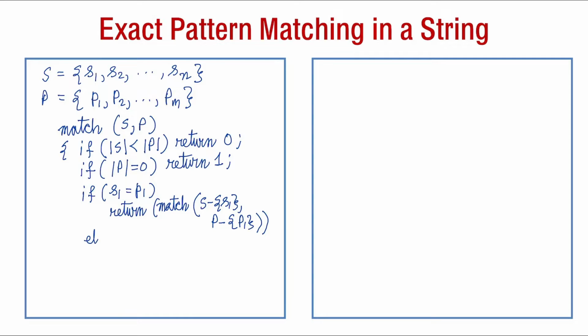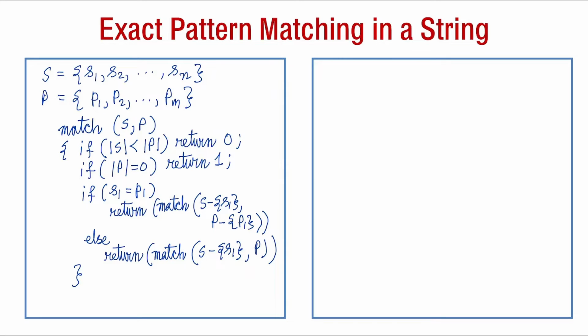If the first elements don't match, then we have to check whether P matching starts from S2. That means we then again call match and check whether we remove S1, but since P1 has not matched, we run it for the whole of P. And if this is the case, we have the algorithm.